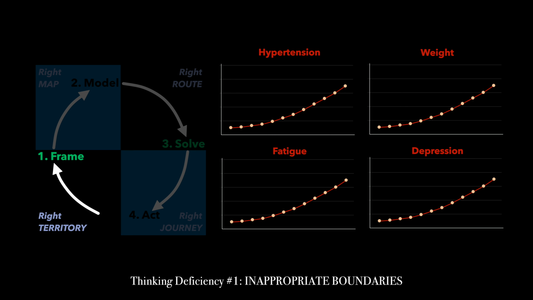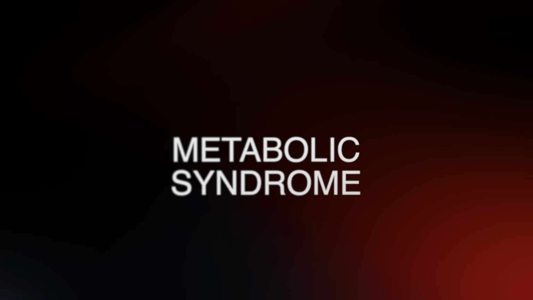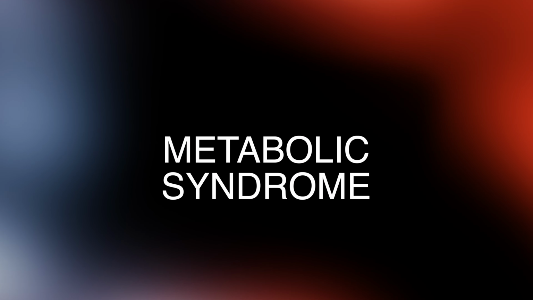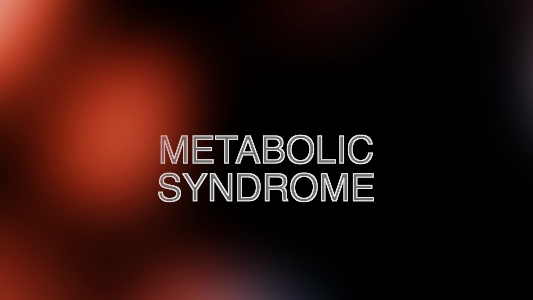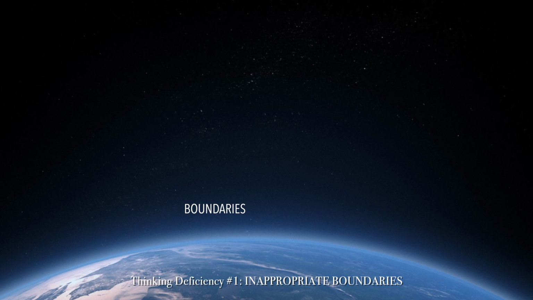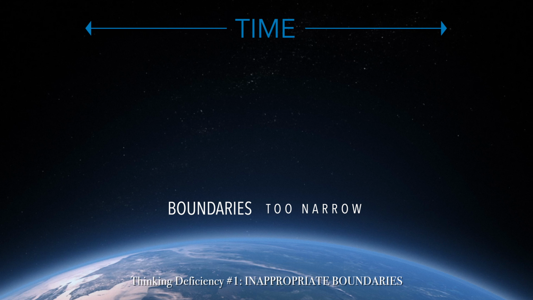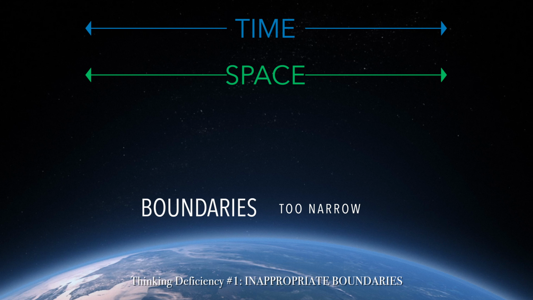I'll focus on the wrong thing as the real problem. Hypertension, insomnia, insulin management, they are all part of a longer-term issue called metabolic syndrome. If I don't start thinking about all these trends together, I may try to solve the wrong symptom and not look at the right problem, which in this case is working on metabolic syndrome. In summary, my boundaries of analysis are too narrow in time and space.